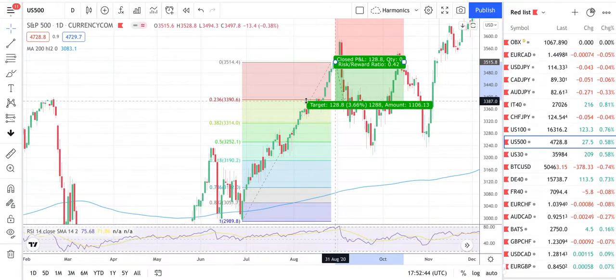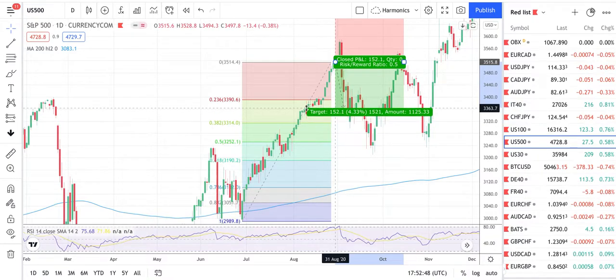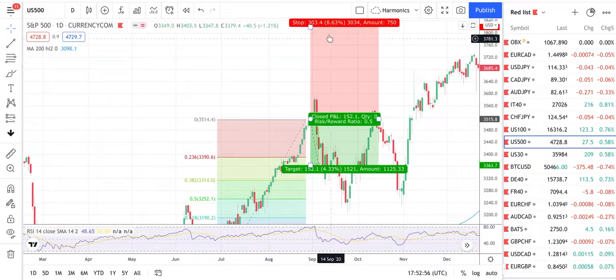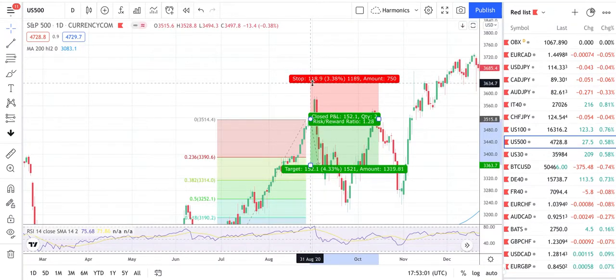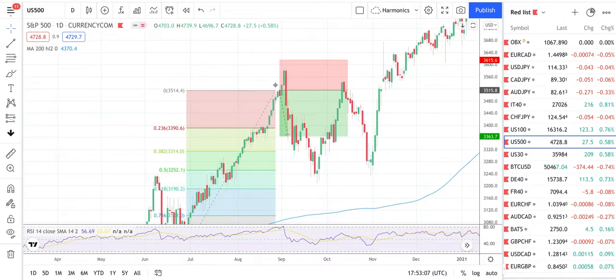If unsure, go to 23.6. But let's just, for the sake of assumption, say I see the support area or the resistance area is somewhere around here. So this is where I set my take profit, and then I set my stop loss to 1.5. This would have been my trading setup.